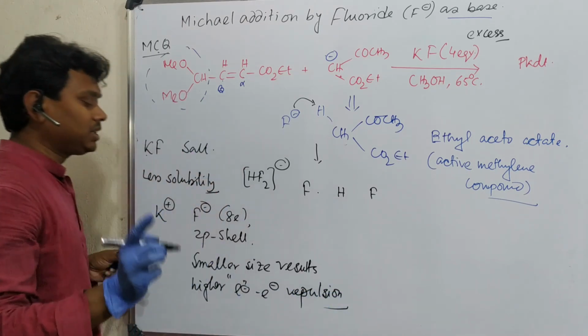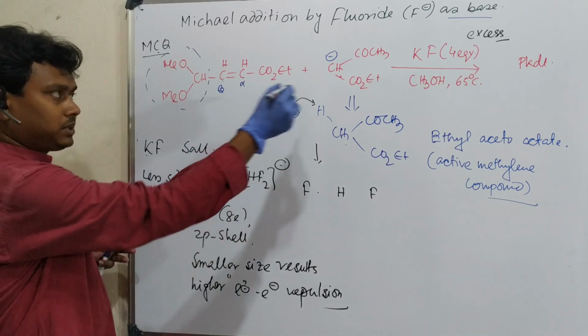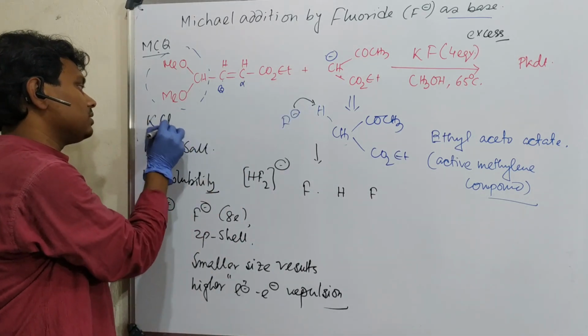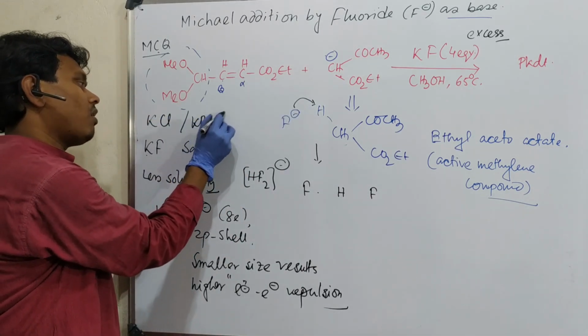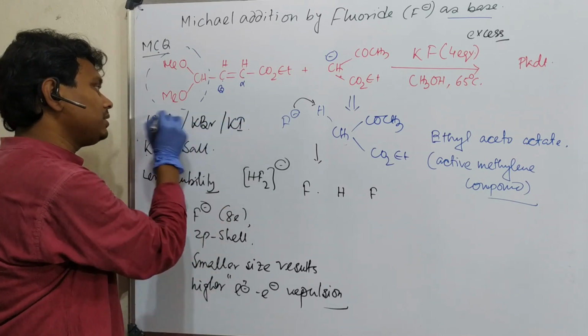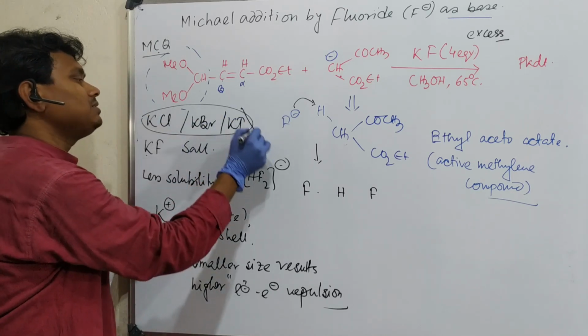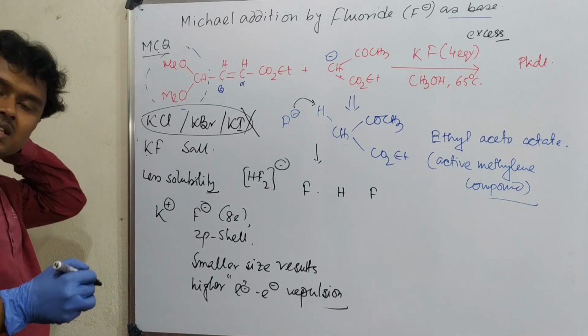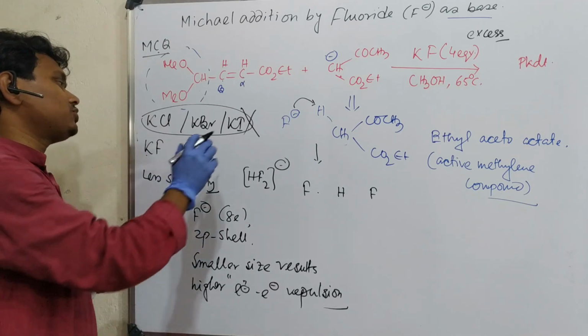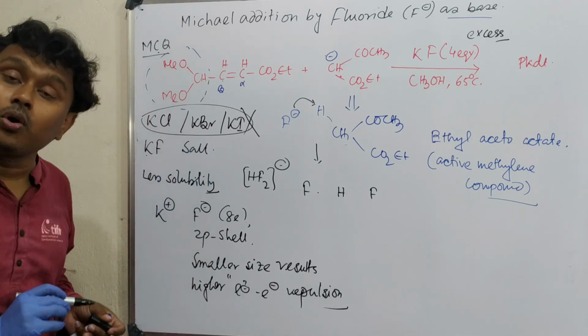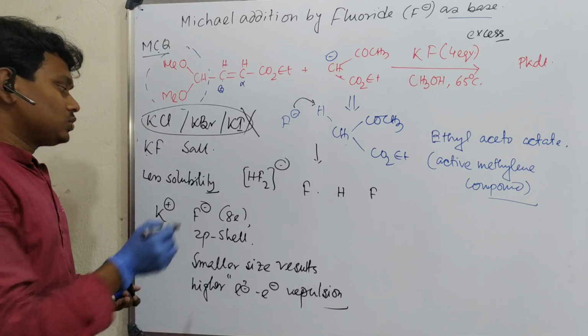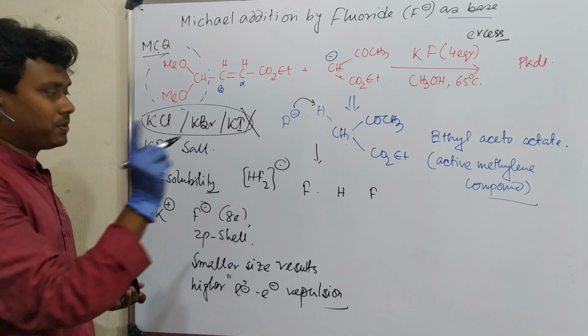That is the main thing, because if instead of KF you take KCl, KBr or KI, will the reaction happen? No, because in this case the atom size is bigger, that's why the charge is stable, and they don't display such properties. So this is unique because of this property.